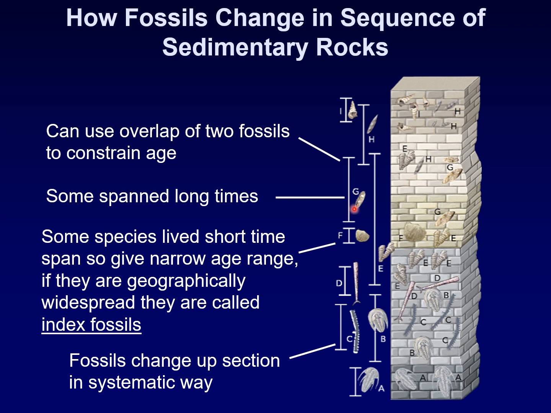And so we might see G all over down here. We might see H all over up here. But if we see G and H in the same place, we know that we're in this one little time period here. And so that can constrain the age of that sedimentary rock. If we want to know the age when this rock was deposited, we know it was when G hadn't died yet and H had already started. And so we use that to date things as well.